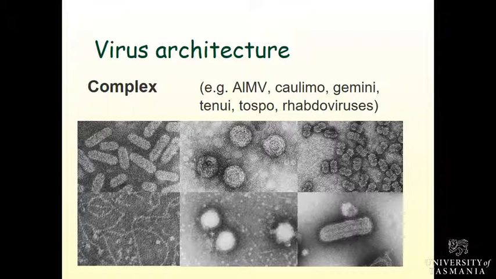Similarly, the rhabdos. These guys invade plants, but they also are carried by things like aphids and invade the aphids that carry them. On the name rhabdovirus, can anyone think of the type virus for this group, which isn't a plant virus, obviously?